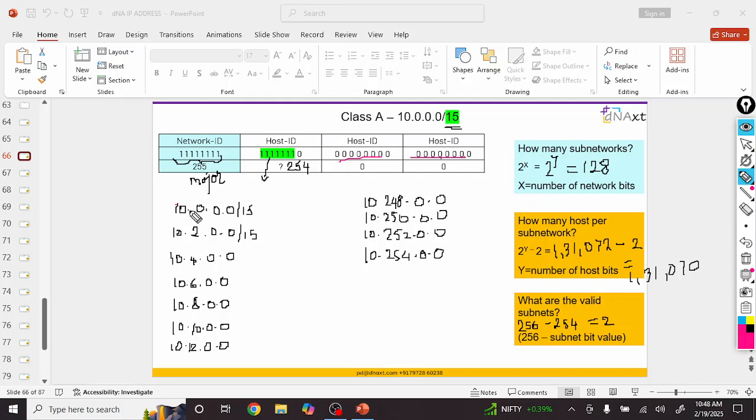And in the second octet, where the increment is taking place, you will write the previous number of the next network ID. The next network ID has the number 2 in the second octet, so the broadcast ID of the first subnetwork will have the previous number, meaning 1. So 10.1.255.255 is the broadcast ID.